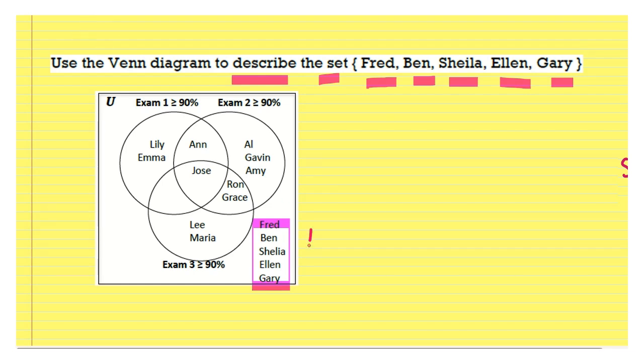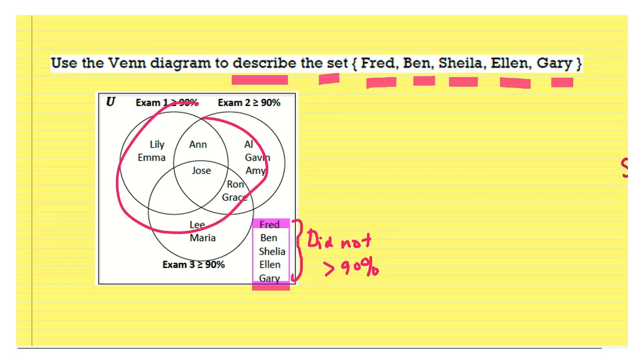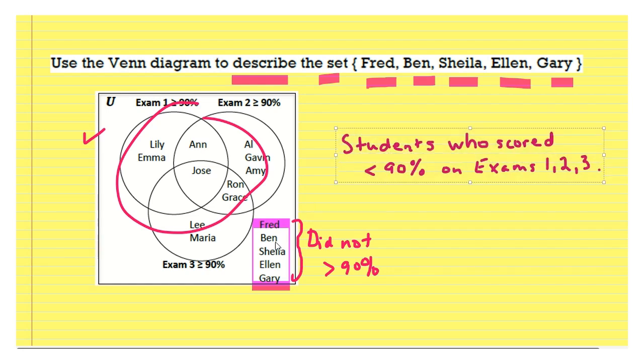None of these scored greater than 90%. That's all of these students because they're outside all the students who did. All these students over here scored higher than 90%. These did not. So our roster, our description would be that these students out here are students who scored less than 90% on all 3 exams. Okay?